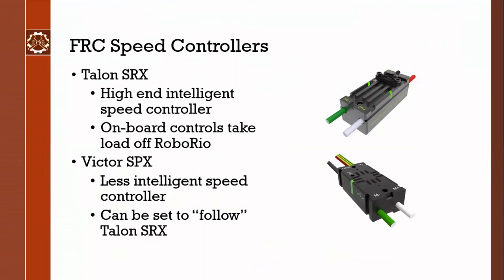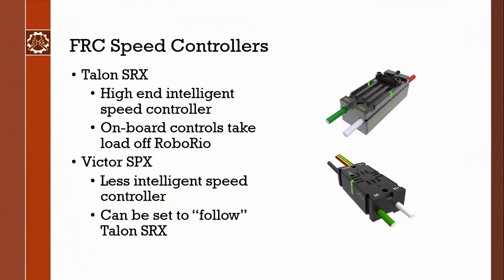And you can interact with those sensors in an extremely efficient way since it can run on the onboard computer on the actual SRX. That's the biggest merit that the SRX has over the SPX, because you can run some kind of closed loop control system on the SRX itself and just have the SPX set to following mode.